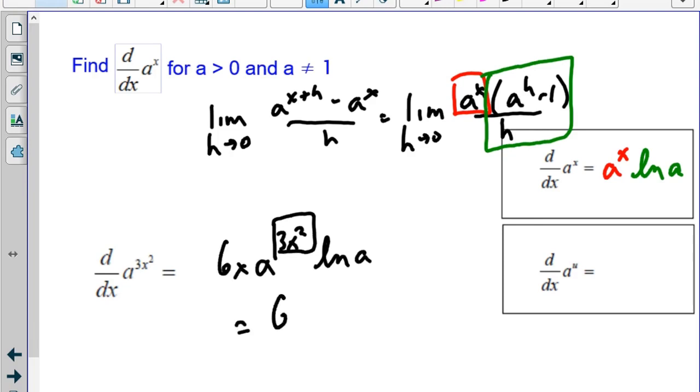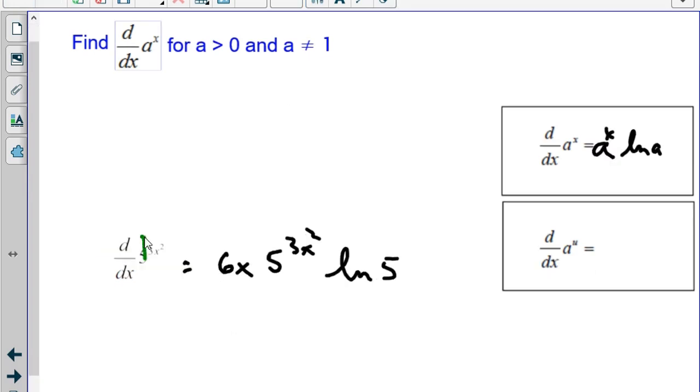So the derivative of this would be 6x times a to the 3x squared times the natural log of a. So if we have some function that isn't x up here, then what we have to do is make sure that we take the derivative, which is a to the u times the natural log of a, and then we still have to have that chain rule component, so we're going to multiply it by du dx.